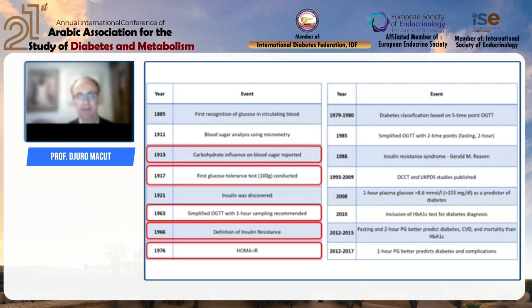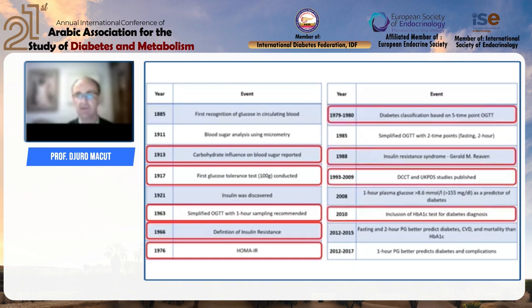In the late 60s and the beginning of the 70s, we realized that insulin resistance is the core of the problem, and the diagnosis of insulin resistance started. The HOMA index was discovered as a very simplified surrogate index for defining insulin resistance or insulin sensitivity.